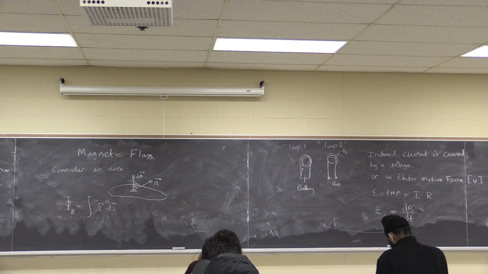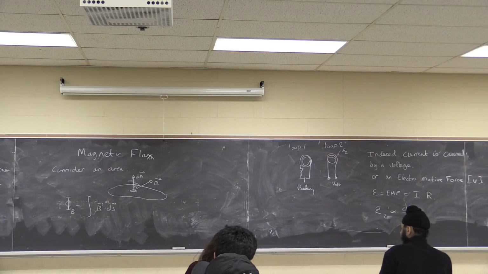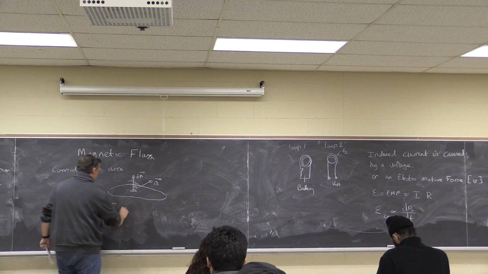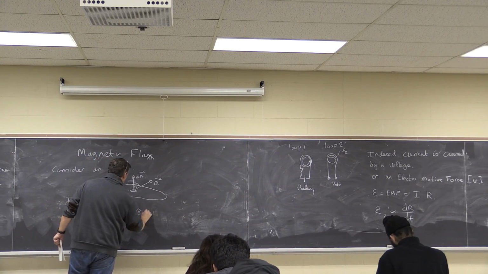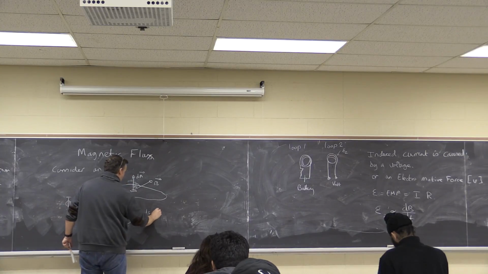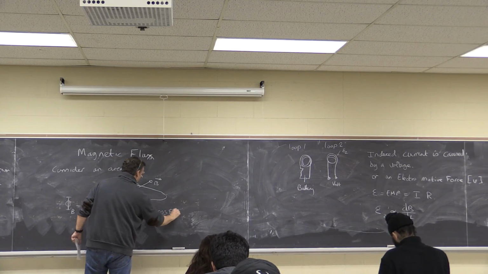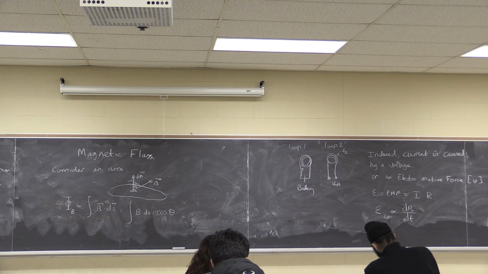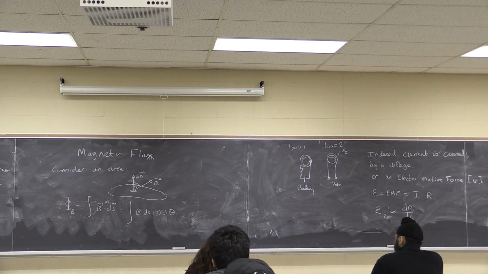So if I've got a uniform magnetic field, B will be constant. If it's not parallel to dA, I'm going to have to say that this is equal to the integral of B dS cosine of theta. If B is uniform, I can take it outside the integral. Cos theta is going to be uniform if it's a uniform direction, so it's a number. And the integral of dS is going to be the surface area.